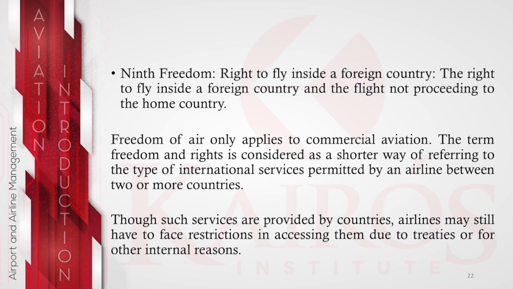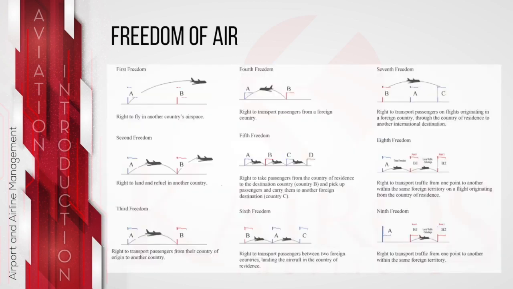Though such services are provided by countries, airlines may still have to face restrictions in accessing them due to treaties or for other internal reasons. Given here are illustrated examples of freedom of air which will help you to understand it better.